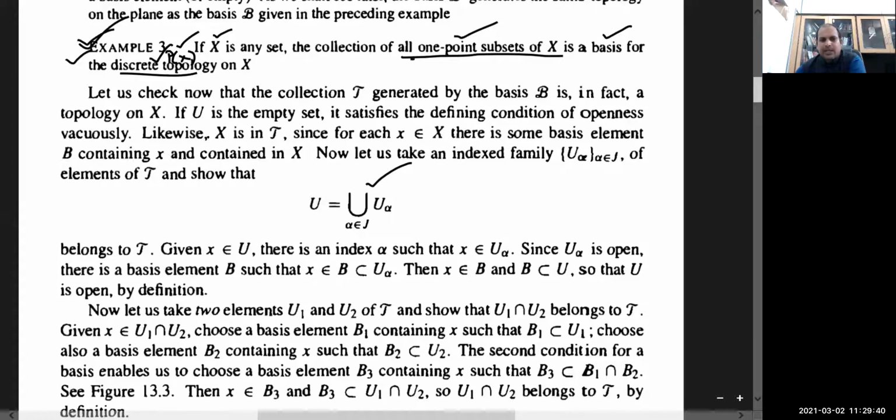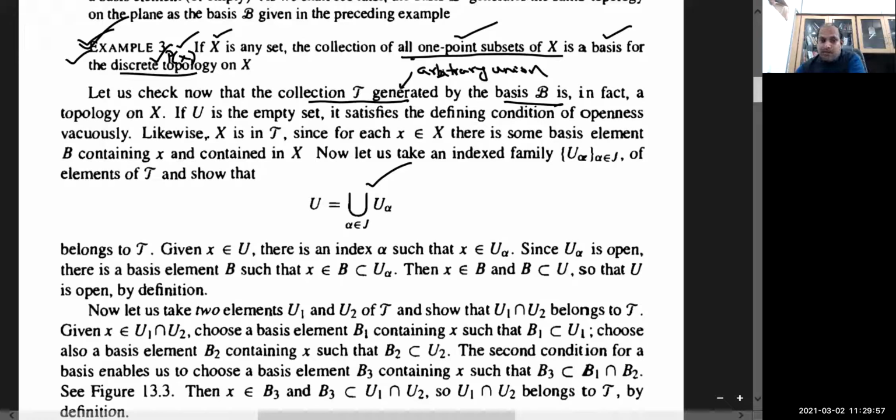So the next line is, let us check now that the collection T generated by the basis, here generated means arbitrary union, whenever I say generated it means arbitrary union. I have told you the difference, it is not the generated of linear algebra.